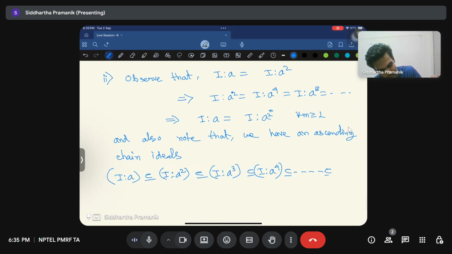And this ends with the saturation because we are in a Noetherian ring.